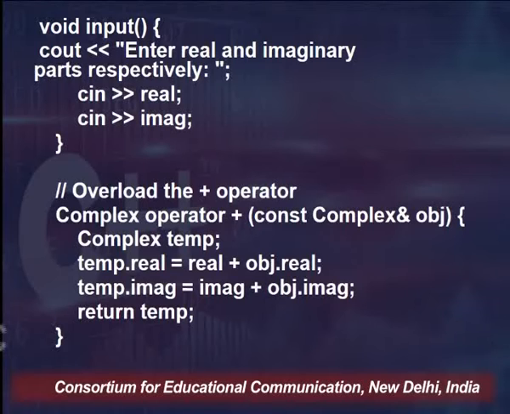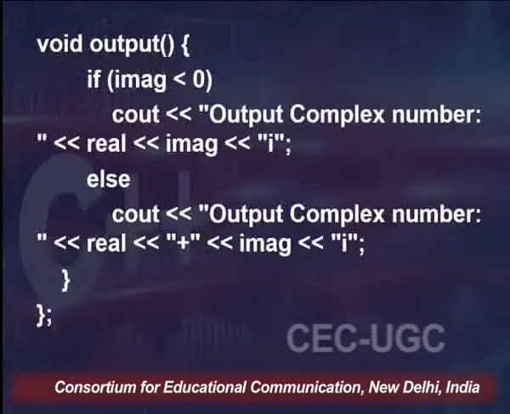Similarly, it is happening with temp.imaginary is equal to imaginary plus obj.imaginary, and finally this temp object of the class complex is being returned, because it is necessary to return an object of type complex.